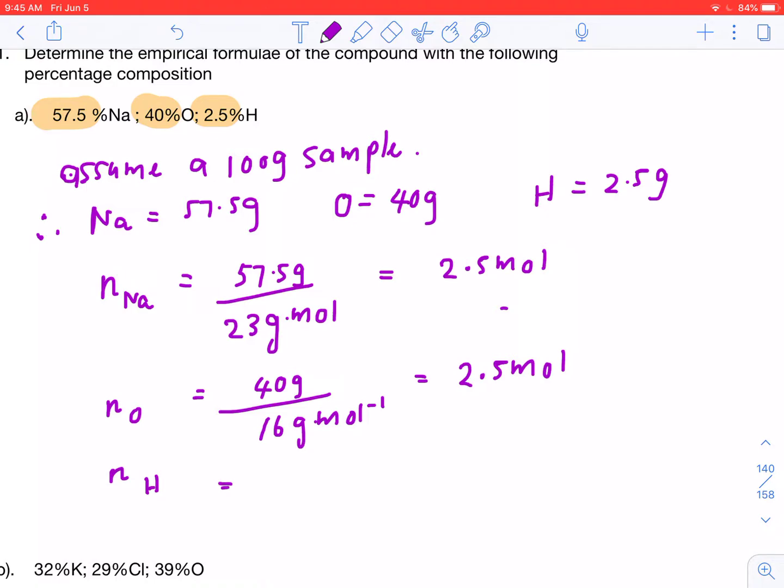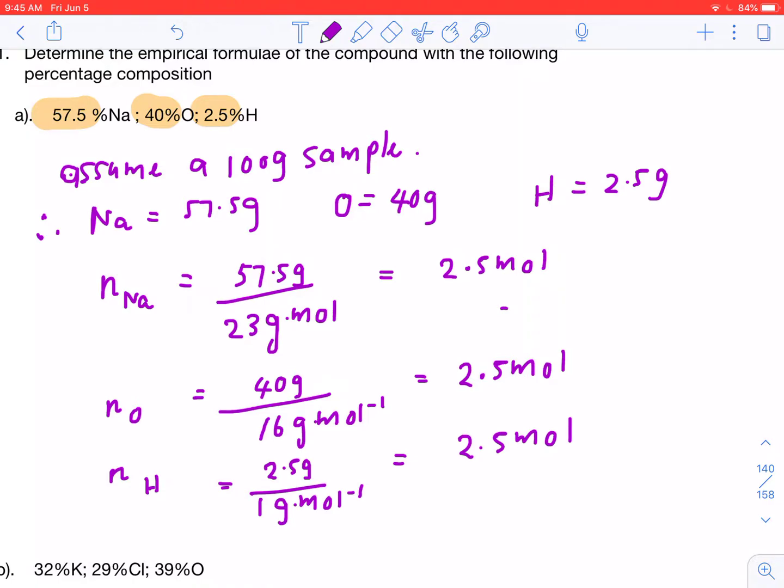How much is that? My apologies, it's 2.5 grams all upon 1 gram per mole, and that gives us 2.5 moles.